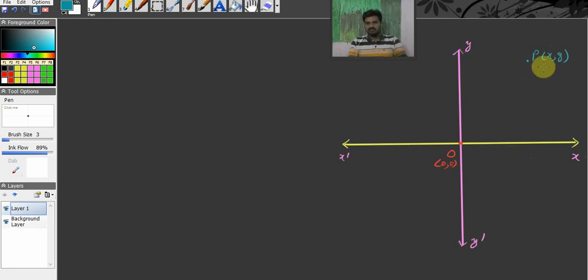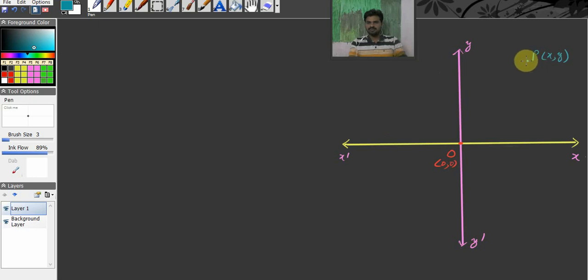After taking the point in the old system, we have taken one x-axis and y-axis. This is called the old system of axes, that is, the system which was taken first. So we are now talking in the old system. Here P(x, y) is the point in the system.